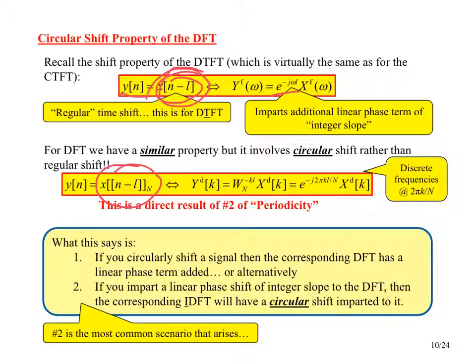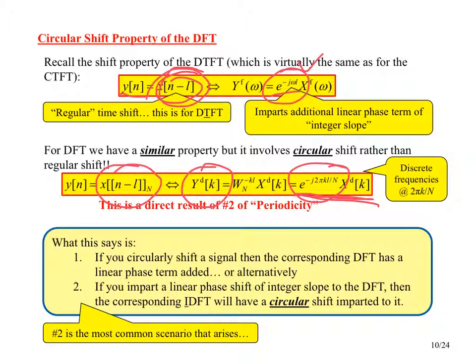And so we get this result that says if we shift in the time domain circularly, then in the frequency domain, the new signal's DFT has a linear phase term. You can compare the linear phase terms, and you can see that here we had omega as our variable.